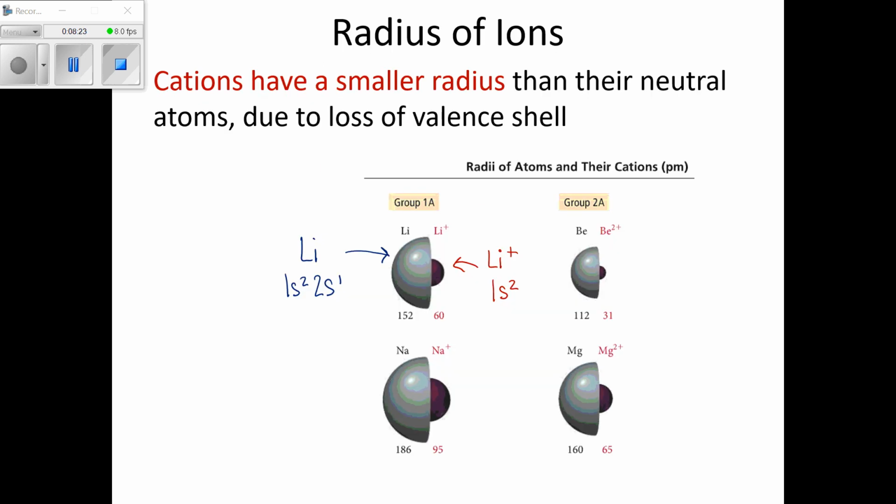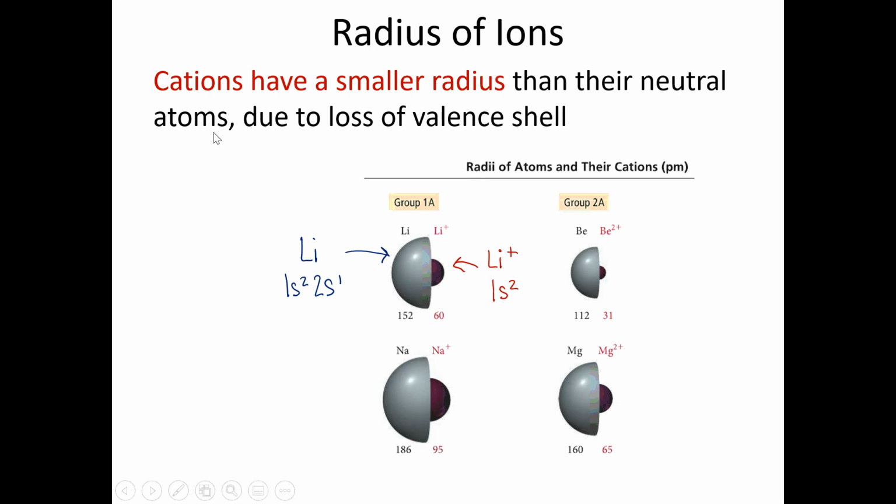Now let's take a look at comparing radius of ions. If you're comparing a cation and its neutral version, you will see that cations will have a smaller radius than the neutral version. One way you can think of this is that they have typically lost a shell. If you compare lithium versus the lithium ion, lithium is 1s2, 2s1. The lithium ion is just 1s2.